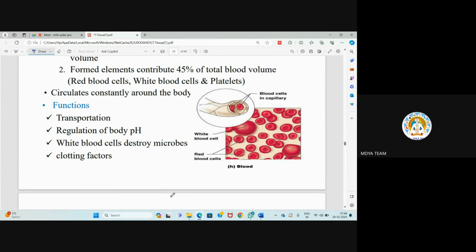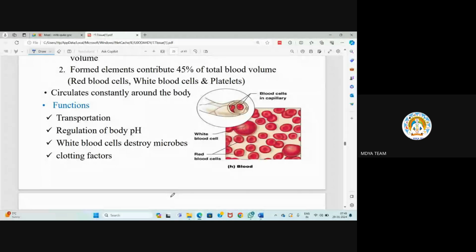Lower pH, like 1, 2, 3, 4, 5, 6, is below 7. These pH numbers depict the acidic nature of a fluid, and above 7 is the basic nature. So blood is regulating or maintaining the acidic and basic properties of the body, maintaining the pH of the body.